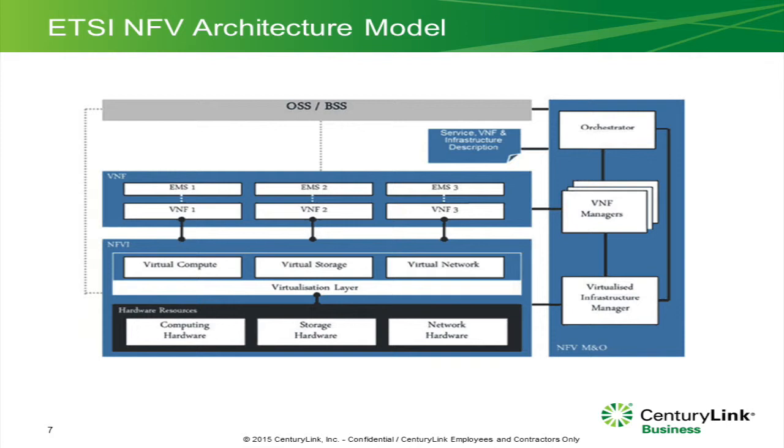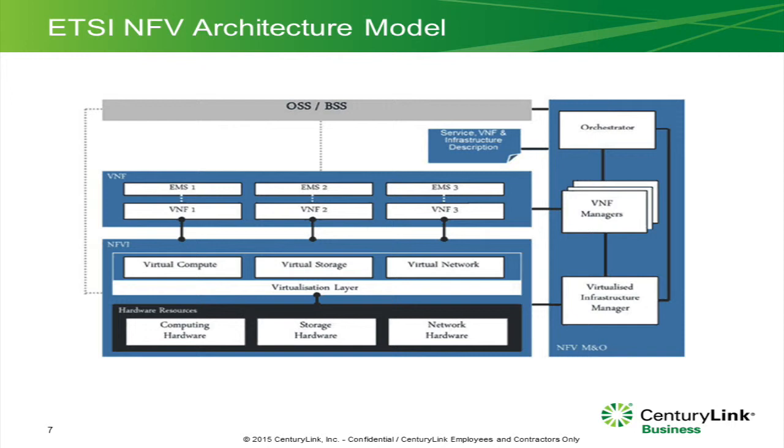This includes compute, storage, and networking, as well as the software layer known as the hypervisor, which virtualizes and manages the underlying hardware resources. OpenStack and VMware are good examples of the virtualization layer. The VNF is the software implementation of a network function like routing or firewall running using one or more virtual machines. The VNF also includes the element management system that manages the individual network functions.